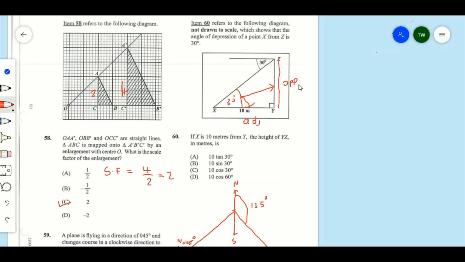Now when you have opposite and adjacent, there is a ratio that comes to mind, and that ratio is tangent. So we know that tan theta is going to equal the opposite length over the adjacent length, right?